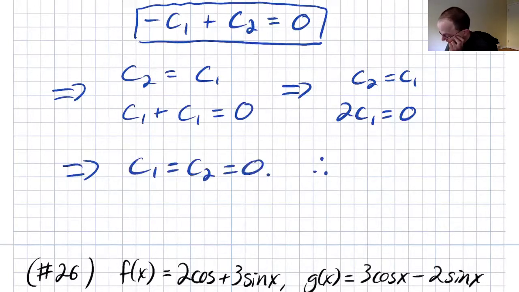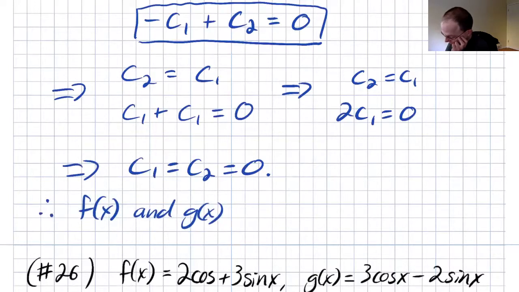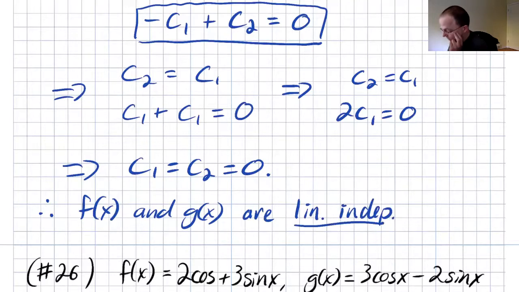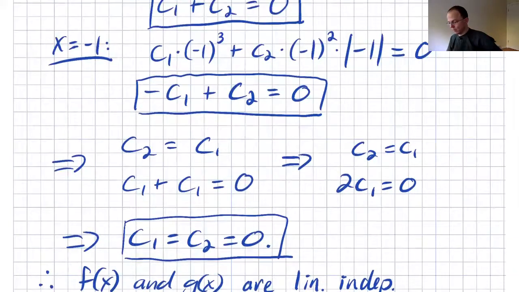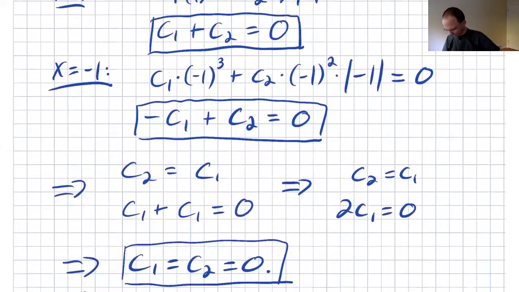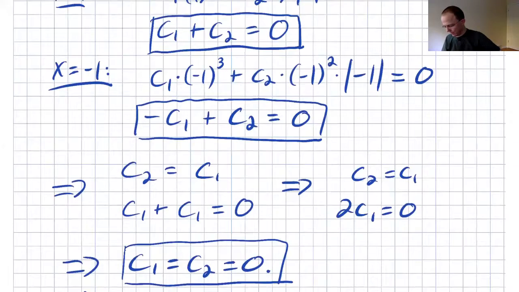So therefore, f of x and g of x are linearly independent, right? So these are not redundant in any way. So there's our solution to this system of linear equations. Okay, great.